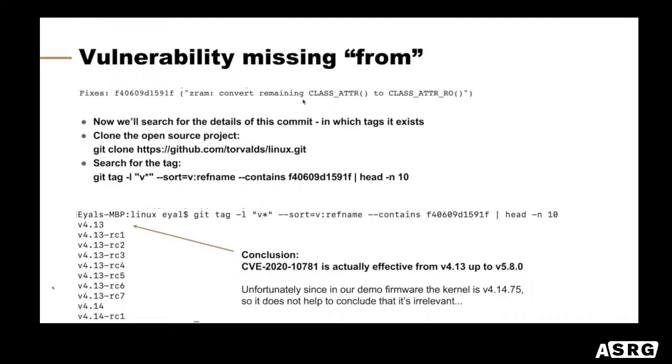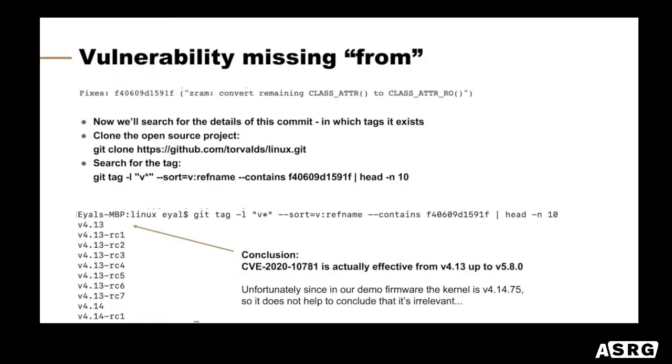Now I have this line, and I can search the Linux project. So I clone the Linux kernel source repository, and then I perform a search. And here I have a nice command called git tag, and this helps you to identify the tags, which are the real releases that contain that commit number. And here you can see that actually this CVE is only effective from 4.13 up to 5.8.0.